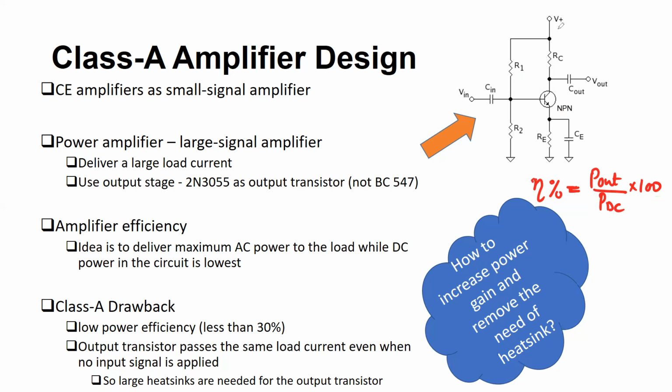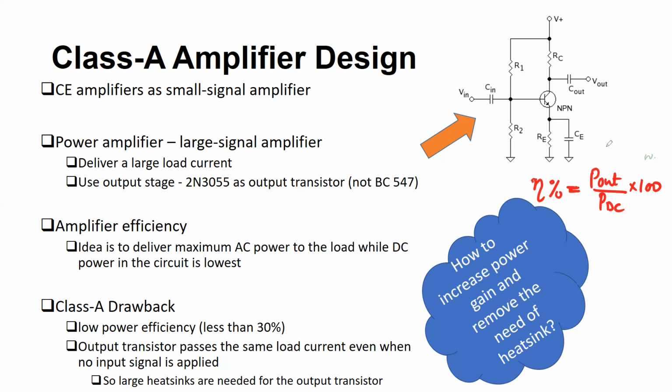For example, if your circuit dissipates 1 milliwatt of power and the output power that you get is about 0.3 milliwatt, so 1 milliwatt is the dissipated power while delivering 0.3 milliwatt at the output, your efficiency would be 0.3 divided by 1 multiplied by 100.